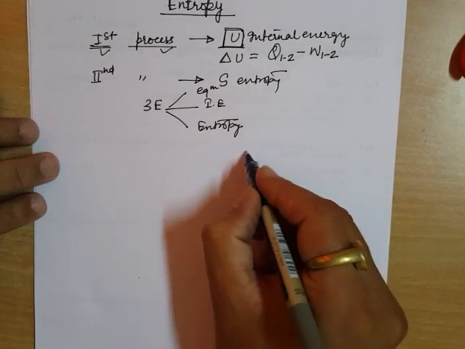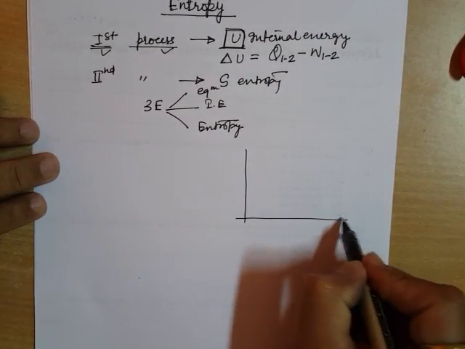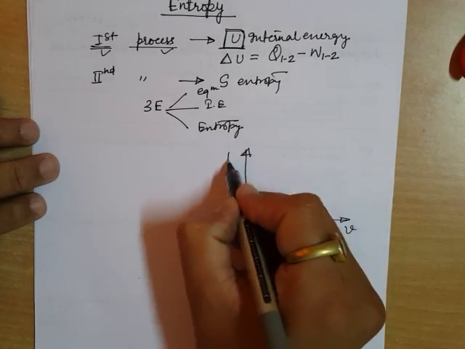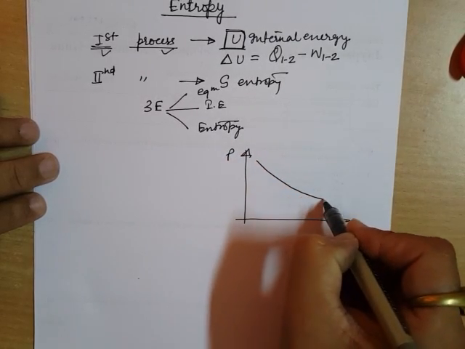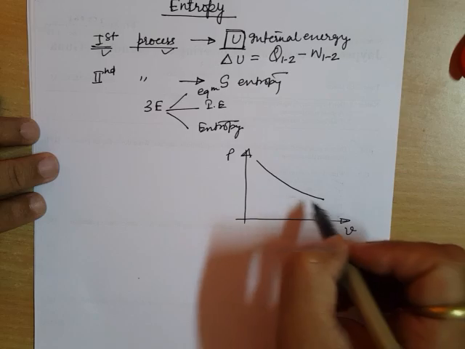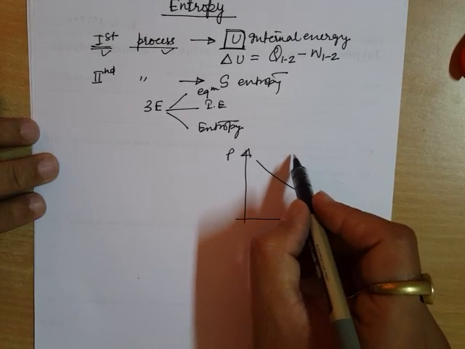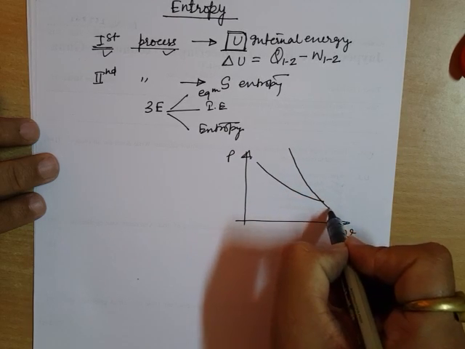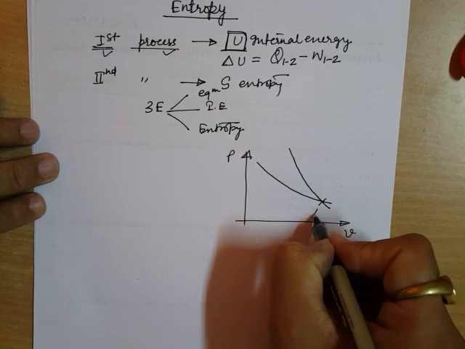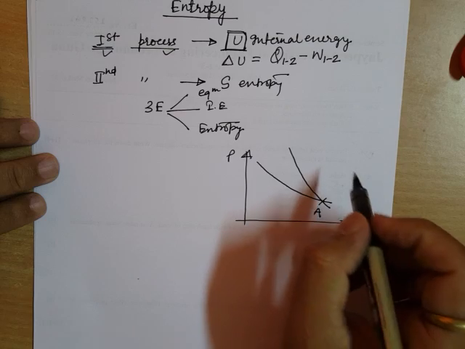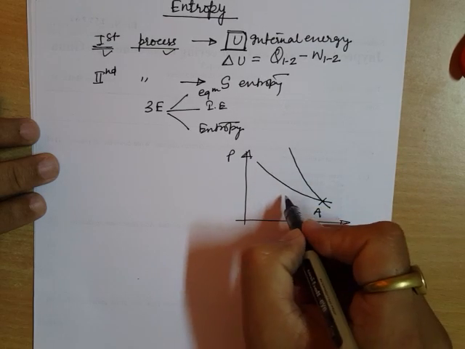Consider a reversible adiabatic path performed by a system. And consider another reversible adiabatic, and let us say they are intersecting at point A. These two are reversible adiabatic.